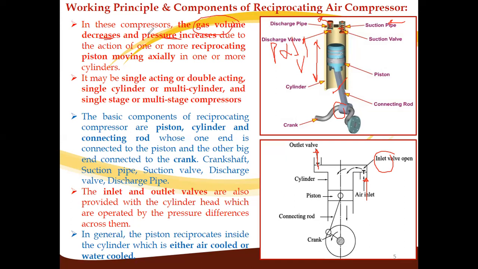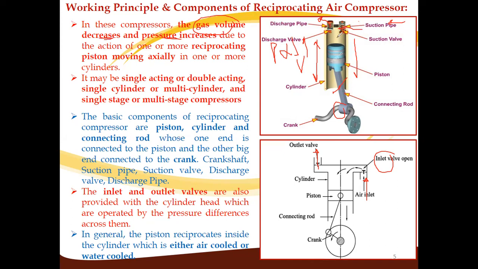In the compressor there are two strokes. The first is the suction stroke, and the second is the delivery stroke. In the downward motion of the piston, a vacuum is created, and from this suction pipe, air is passed inside the cylinder.